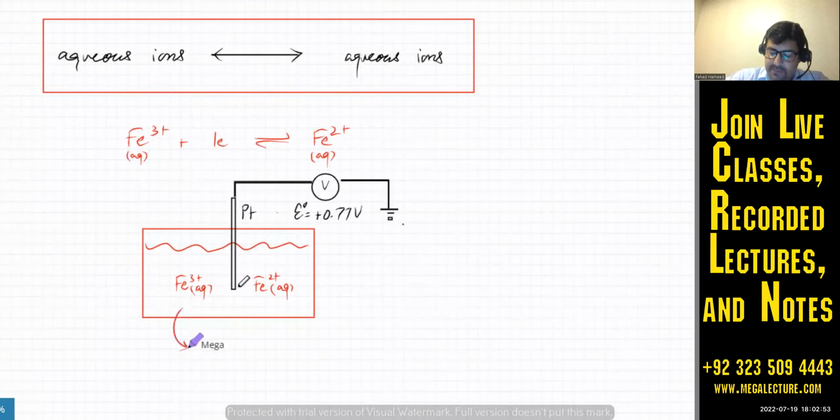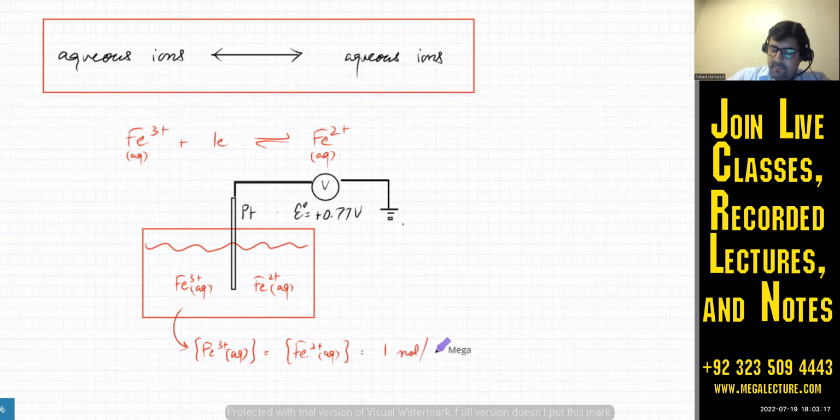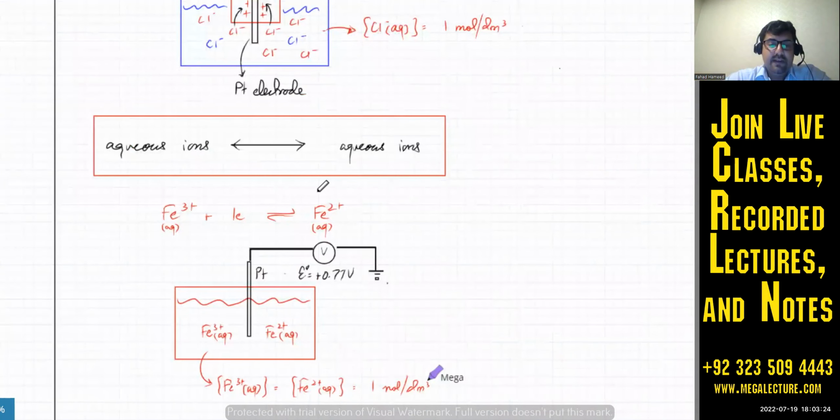So Fe3 plus aqueous is going to have the same concentration as Fe2 plus aqueous, and it's going to be 1 mole per dm cube as well. And you'll put a platinum electrode. So make sure you draw the drawings correctly and label everything. The ions will be 1 mole per dm cube.